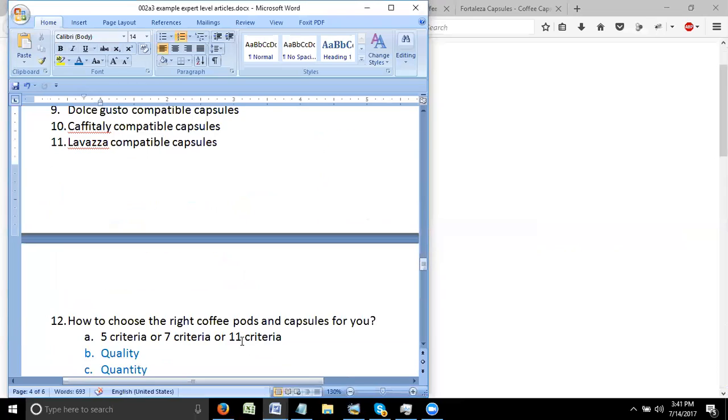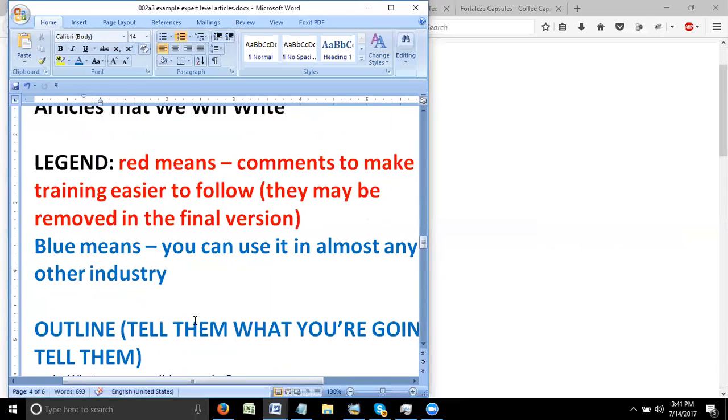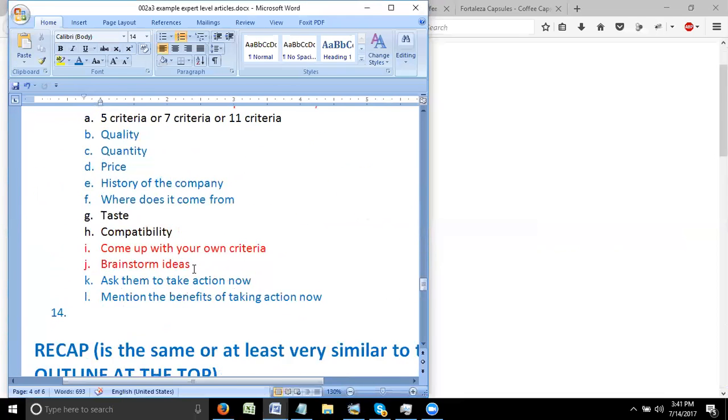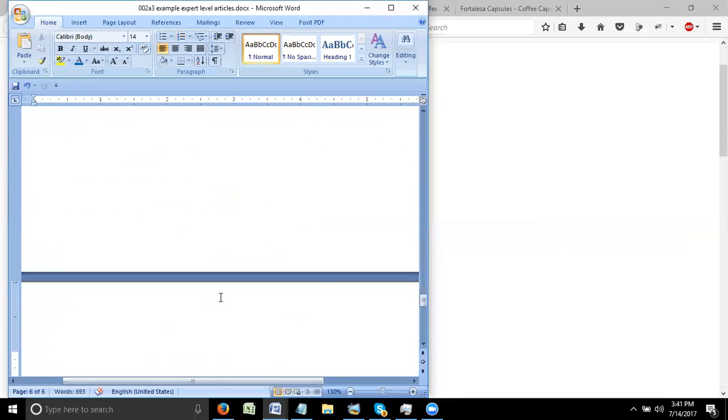And let me just emphasize to you at this point the importance of doing this activity. Coming up with an outline using the 11 principles.